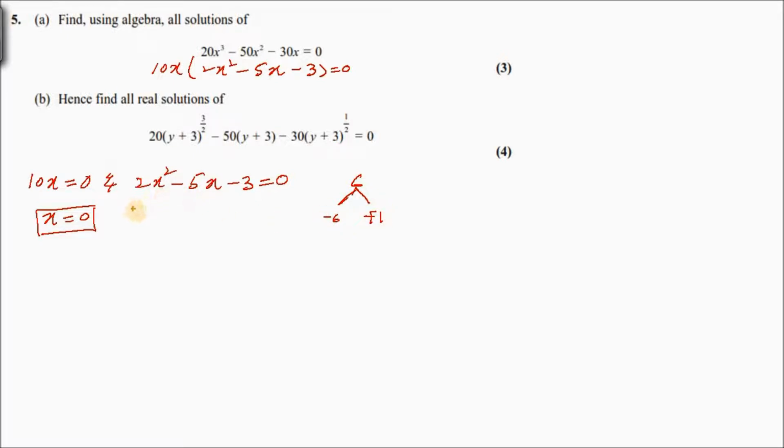So we can write this quadratic equation as 2x square minus 6x plus x, or 1x, minus 3 equals 0. Now we have 4 terms.